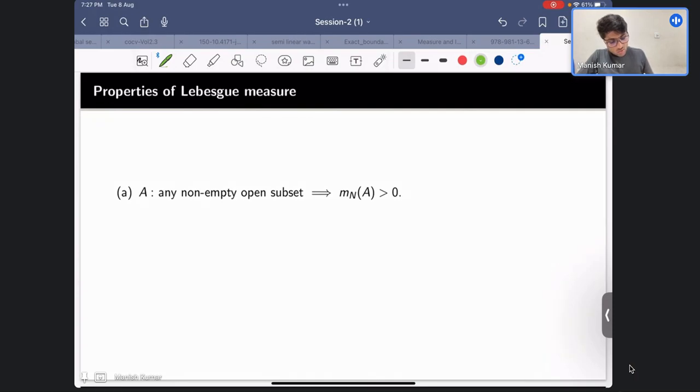If A is any non-empty open set, then the measure of A will be strictly greater than 0. It cannot be 0 if you have any open subset. Can you tell me the reason?